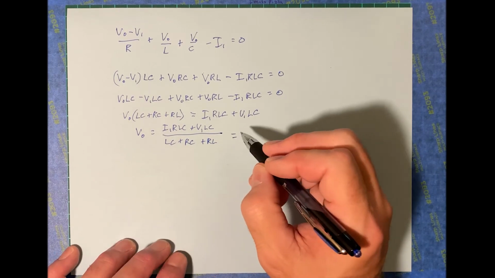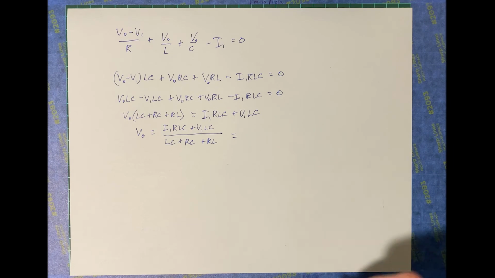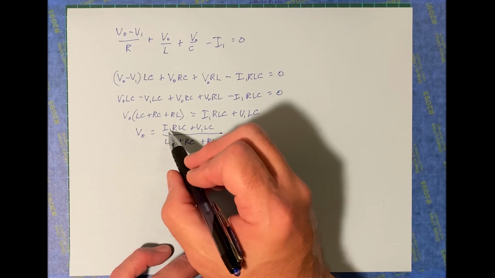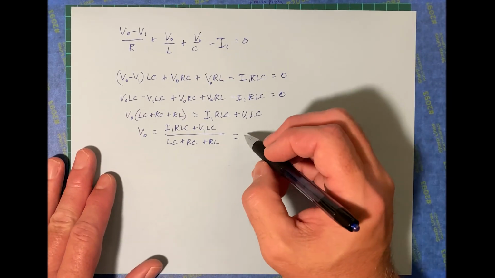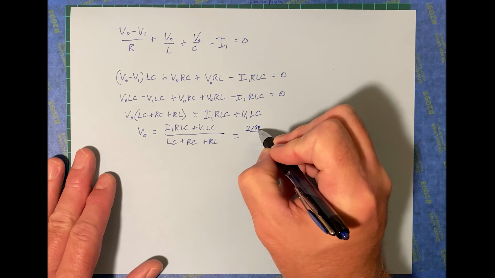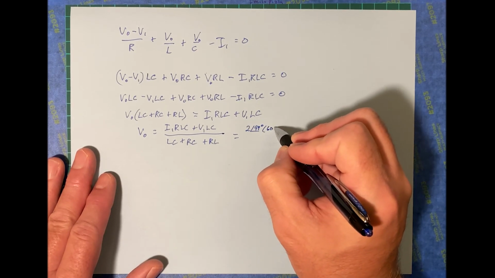All right, now at this stage you can go in and plug in your values. And it's not trivial from this point forward. Like I said, it's not difficult, it's just tedious. All right, so I1, I wish I hadn't written those on the opposite side, but I1 is going to be 2 angle 49 degrees, that's what I've got, multiplied by R, which is 600.